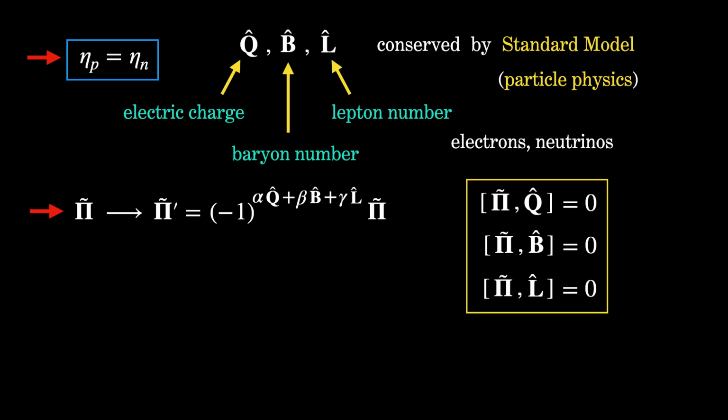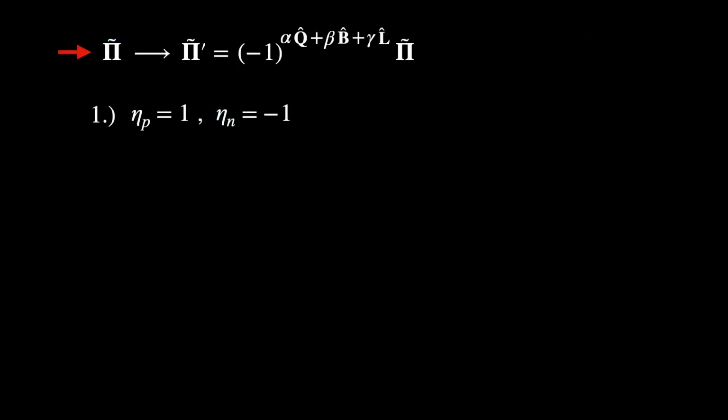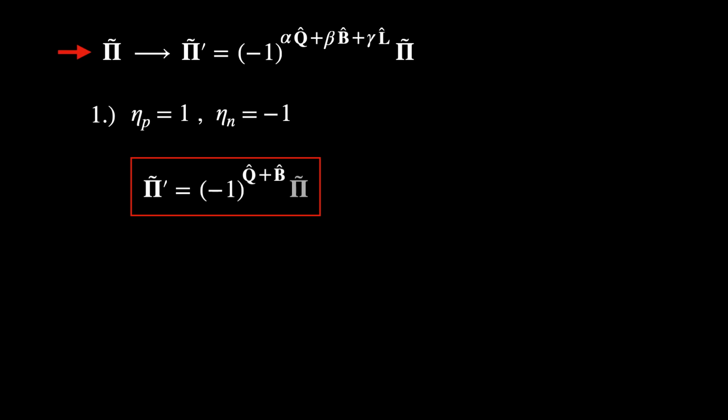Suppose initially for pi tilde, the parity of proton is equal to 1, while that for the neutron is equal to -1. The two are not equal. For which choice of alpha, beta, and gamma could we set both of these numbers to 1? It is not difficult to see that this new definition of parity will give us the desired result.